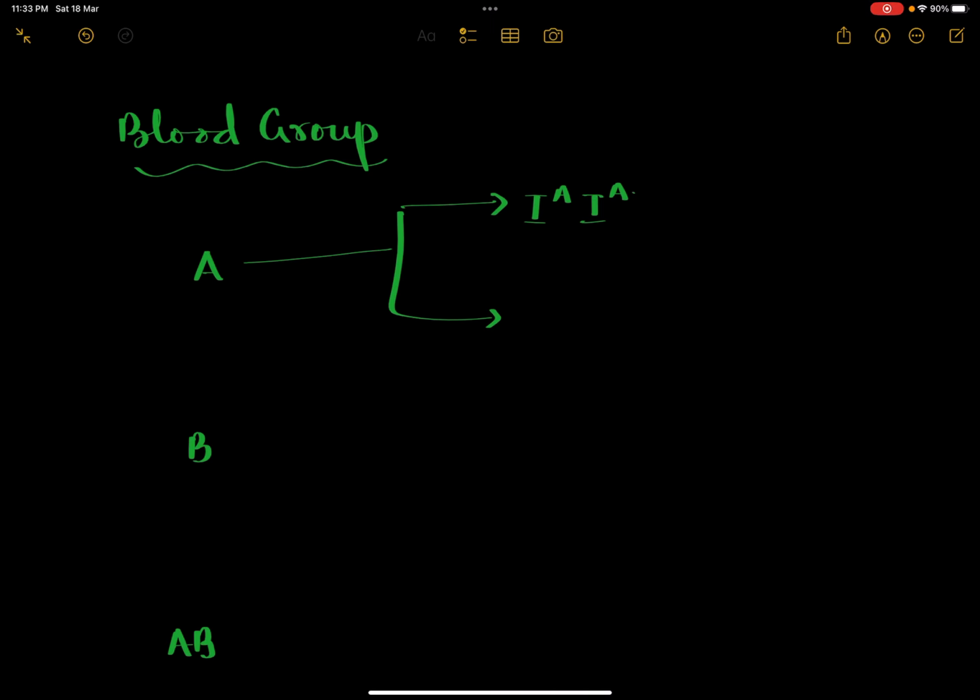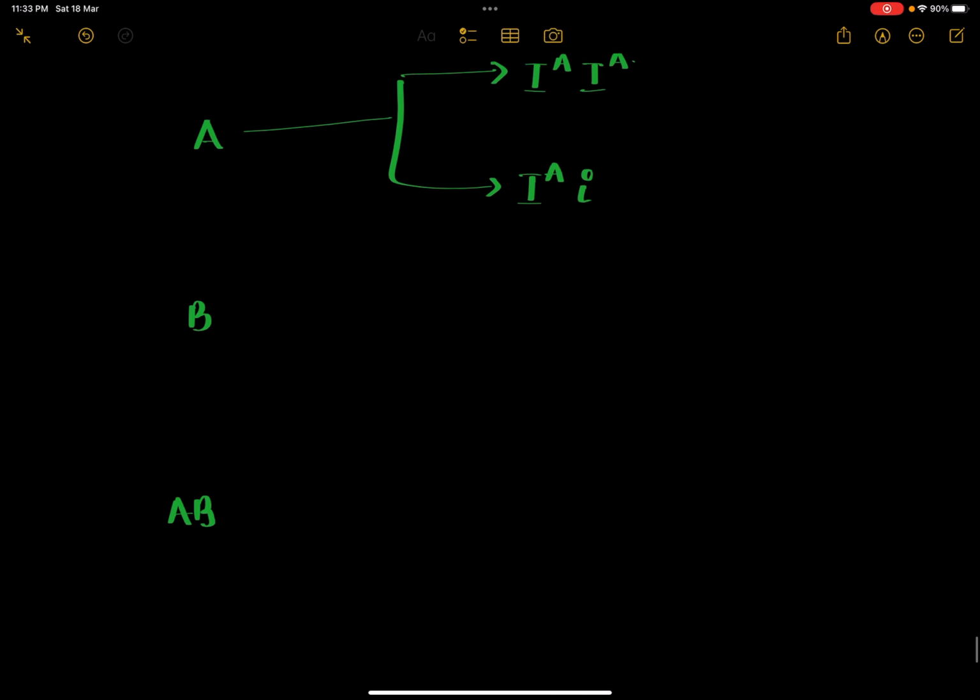I don't want to get into that right now. So you can get an IA and IA from the parents, or you can get an IA and small i. As this one is a recessive gene, it will not represent itself, and thus we will get blood group A. So I hope you understand this.